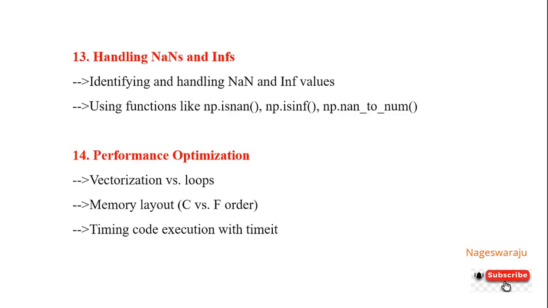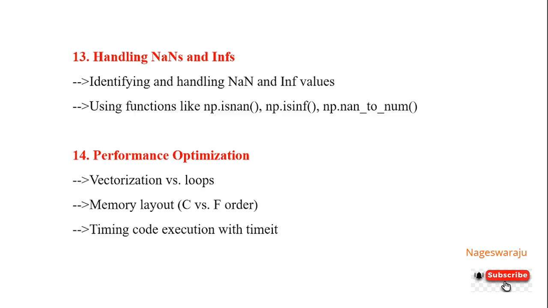Next, handling NaN values as well as Inf values. NaN means not a number. We identify the null values or Inf values, and then we fill in the values using the mean, mode, or standard deviation methods.